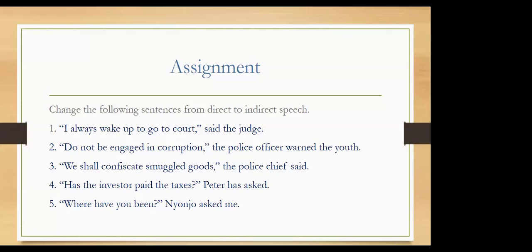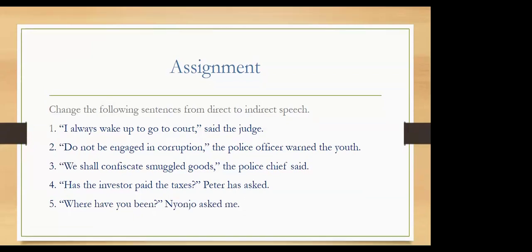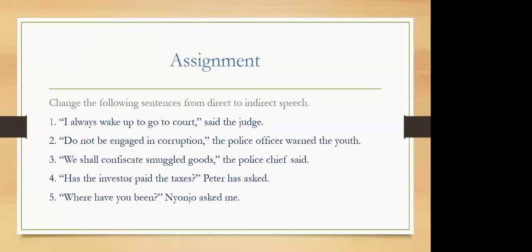The police officer warned the youth not to be engaged in corruption. Wow, thank you. That's correct. What did he say? Do not be engaged in corruption. So he warned them not to be engaged in corruption. Thank you so much. I think we've answered all the questions here concerning direct to indirect speech.